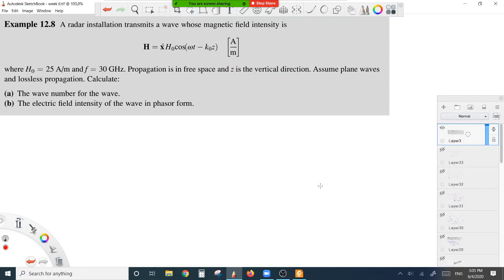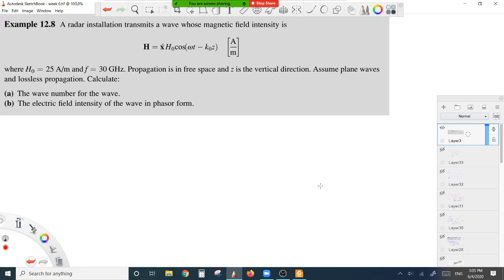Let's read. A radar installation transmits a wave whose magnetic field intensity is H equal to x multiplied by H0 cosine omega t minus K0 multiplied by Z, where H0 is given, frequency is given, propagation is in free space, and Z is the vertical direction.